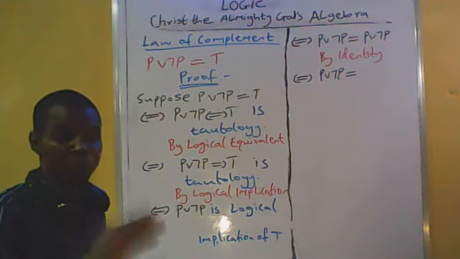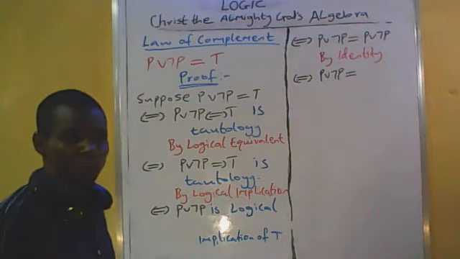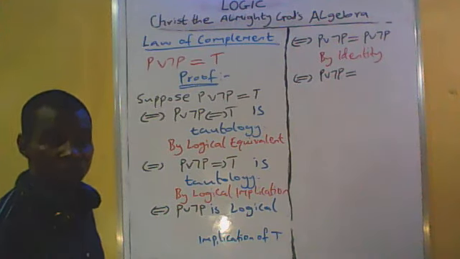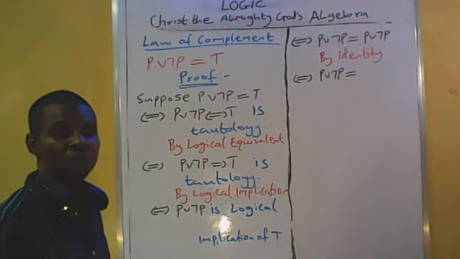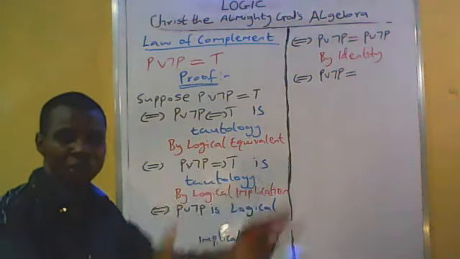In each of the possible combinations of P and not P, it will give you truth. So you say that it is constant. P or not P is constant true. So if it's constant true, you say it's equal to T, and tautology is equal to T.